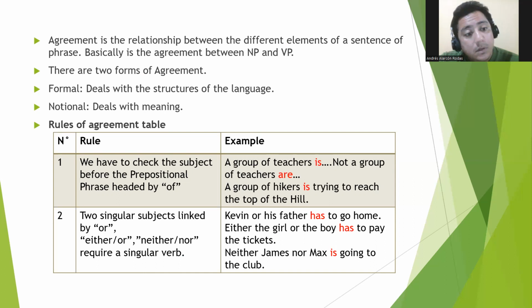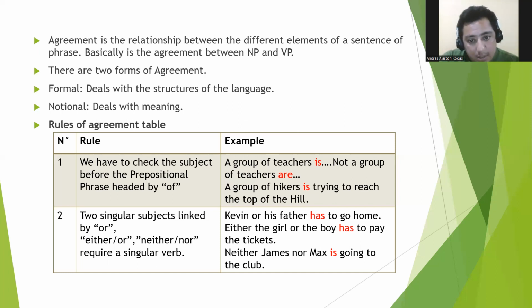Okay, the first rule is that we have to check the subject before the prepositional phrase headed by of. My example, the first one, a group of teachers is, not a group of teachers are. The second one, a group of hikers is trying to reach the top of the hill.